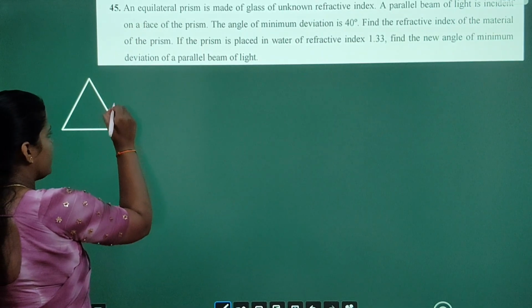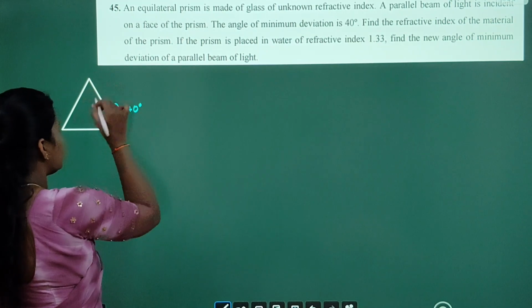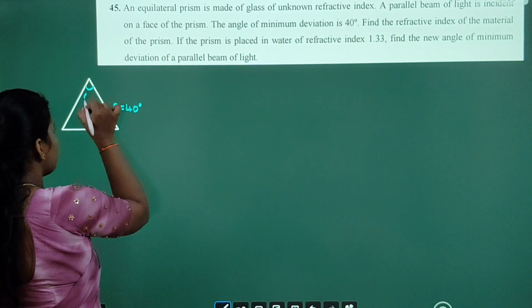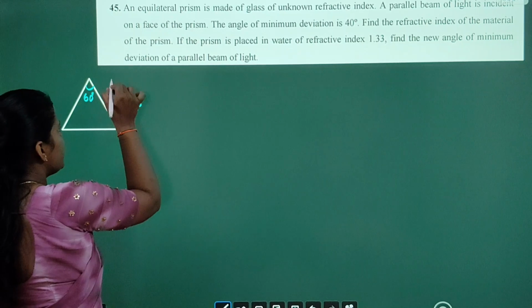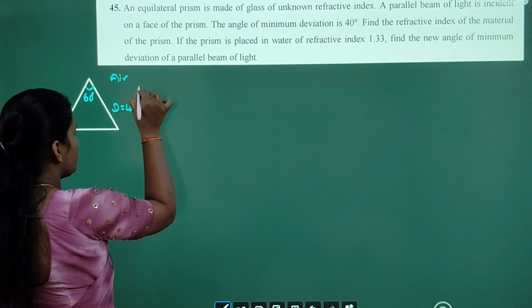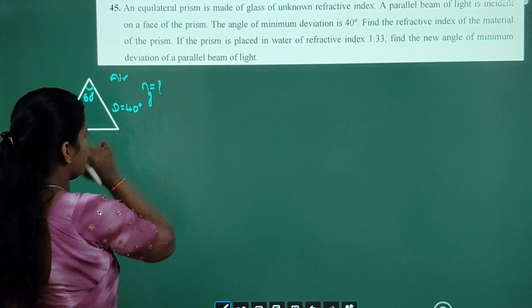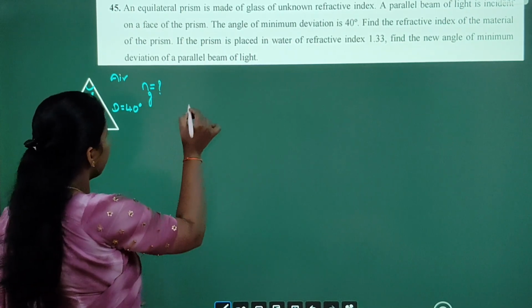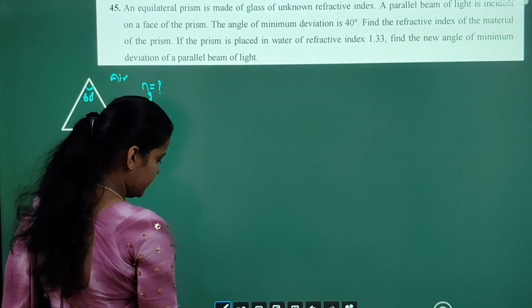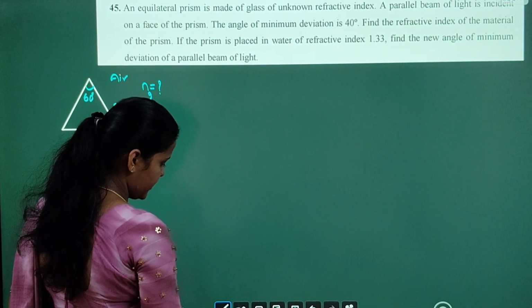Here this angle of minimum deviation D is equal to 40 degree. Okay, so this prism is an equilateral prism, which is nothing but this angle is 60 degree. Here, this is in the air medium. What we have to find out here is the refractive index of glass. Okay, and in the same way, take another prism.